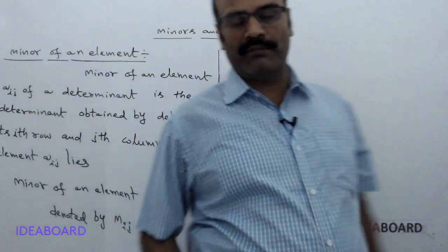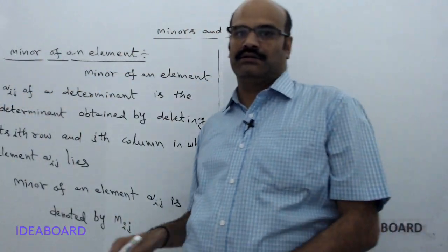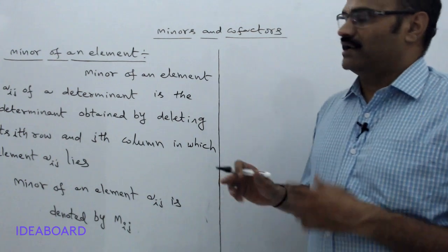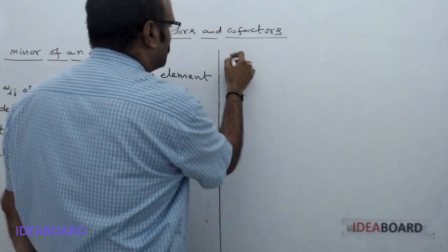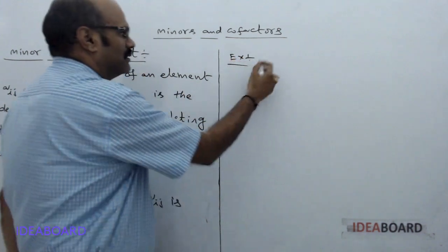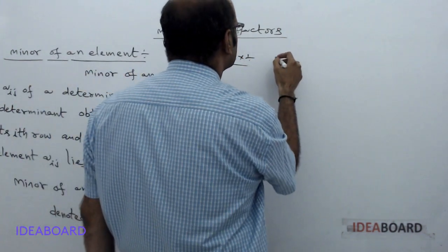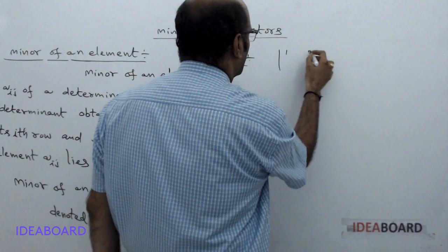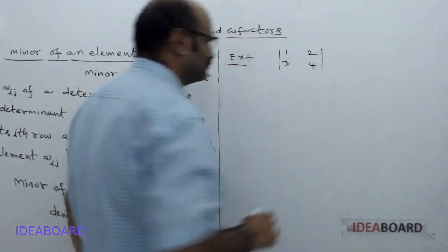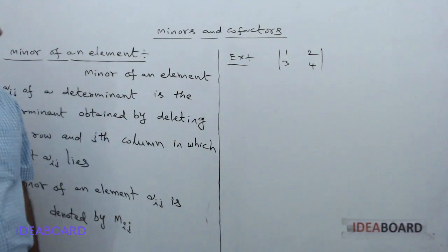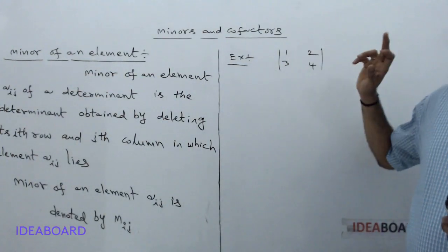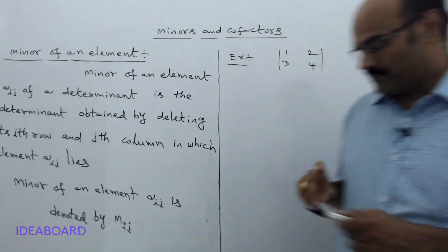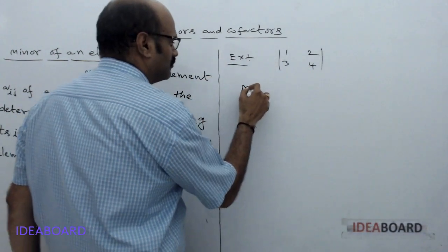Now we have to discuss minors and cofactors. Minor of an element. Let me take a determinant. Here the determinant is [1, 2; 3, 4]. Minor of 1.